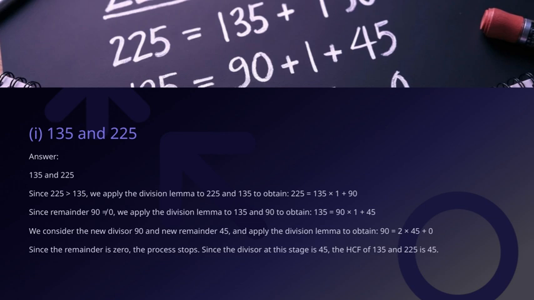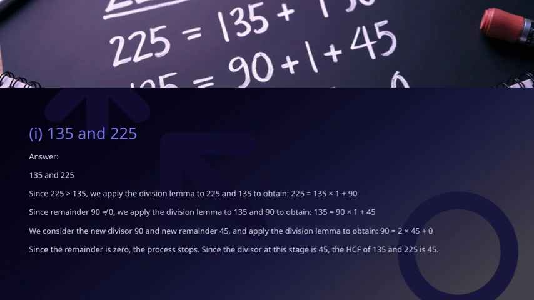Next, since the remainder 90 is not 0, we go back and apply the division lemma to 135 and 90. This gives us 135 equals 90 times 1 plus 45. Notice how this step helps us find the common factors. And then, because 225 is greater than 135, we apply the division lemma again, this time to 225 and 135.